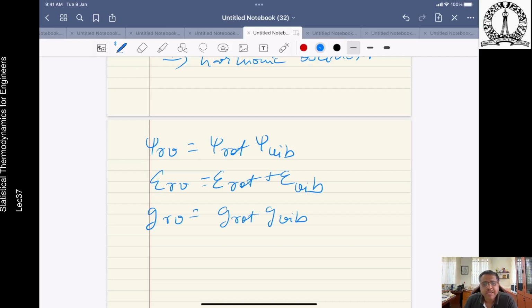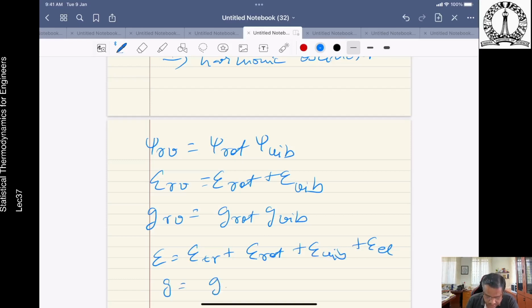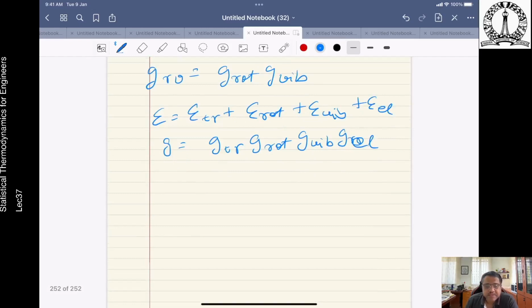Accumulating all these approximations and assumptions, the total energy is therefore translational plus rotational plus vibrational plus electronic, and g is equal to g translation, g rotation, g vibration, g electronic.